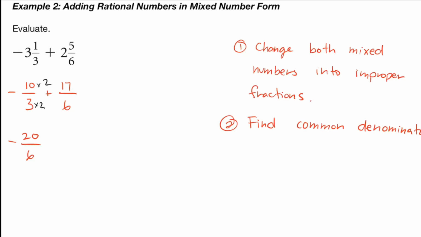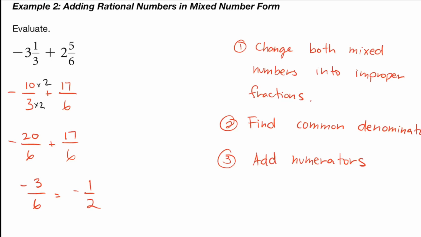Negative 20 over 6 plus 17 over 6. Then I need to add my numerators. So negative 20 plus 17 gets me negative 3 over 6, which is the same as negative 1/2.